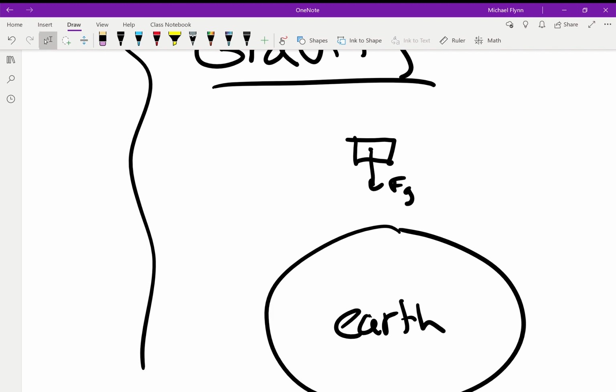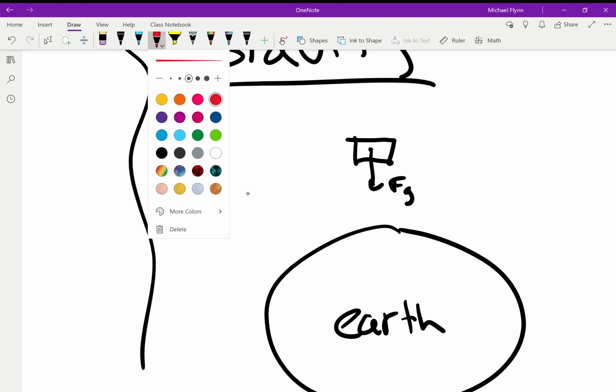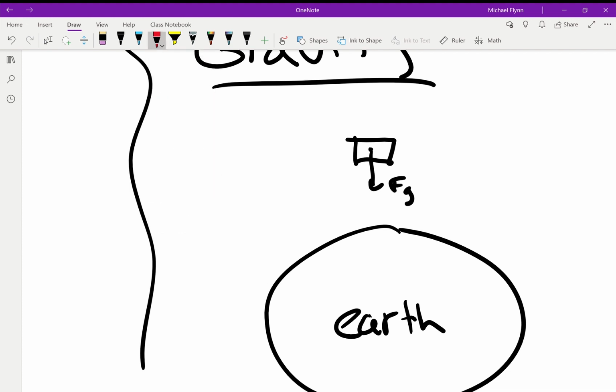Now, here's the deal, though. It's also true that that satellite is exerting a force of gravity. I need to make that pen thinner, so let me do that. It's also true that the Earth is experiencing a force of gravity.